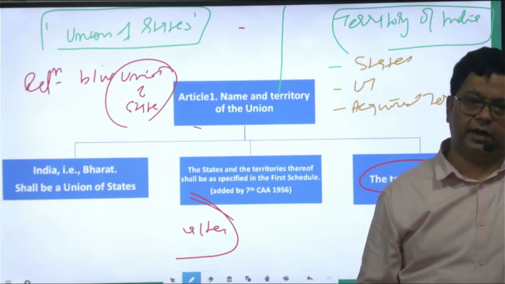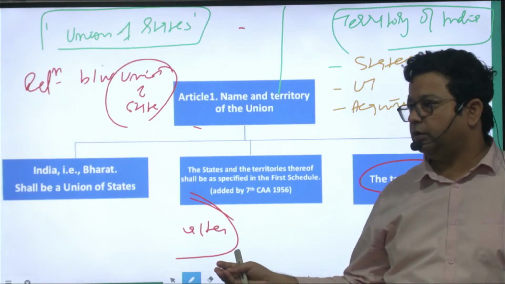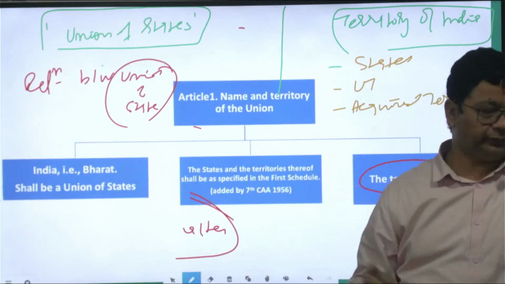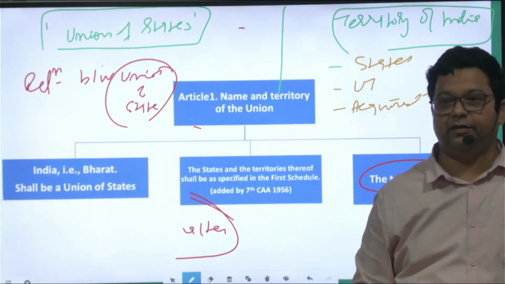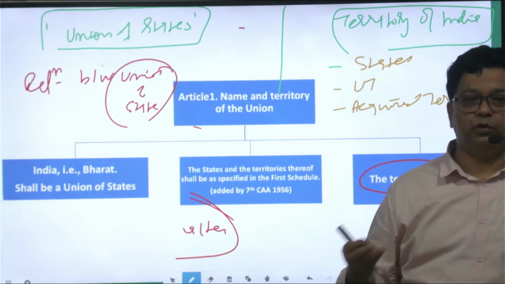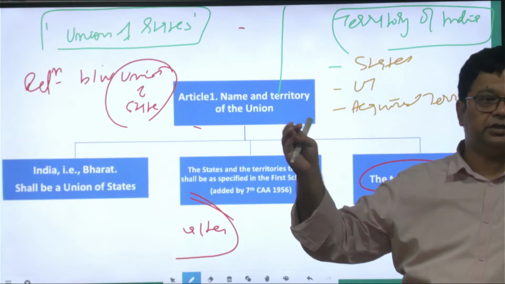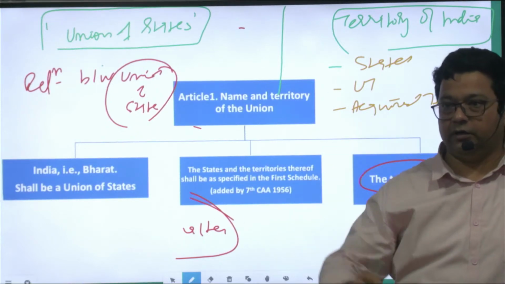Like Goa, which was acquired from the Portuguese, and Puducherry. Goa and Puducherry are acquired territory. When the Portuguese and French were leaving, they gave this territory to India. So it is an acquired territory.